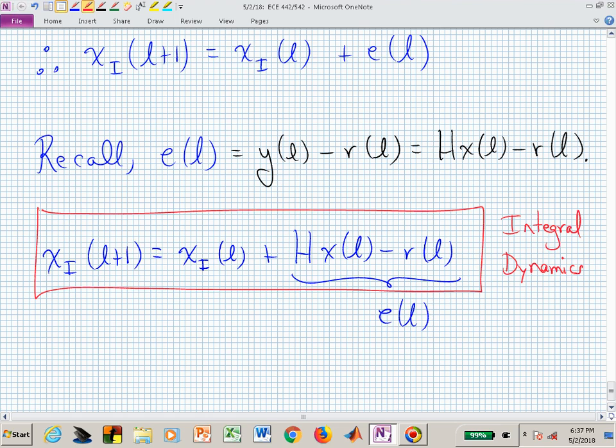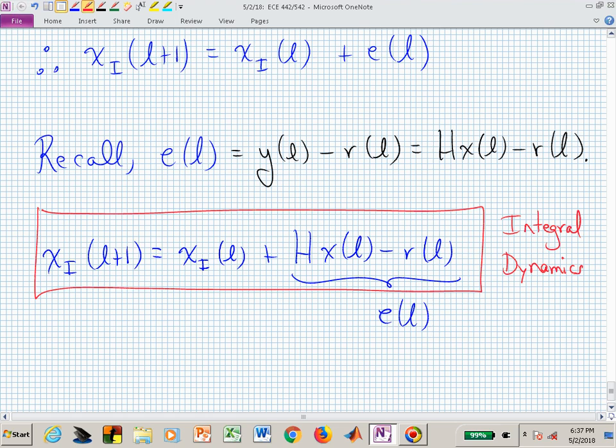Do you see, if somebody gave you a difference equation and it had x sub I on one side at time L plus 1, and on the right-hand side it had x sub I of L, do you see how that's integrating? That's just taking the previous x value and adding to it.